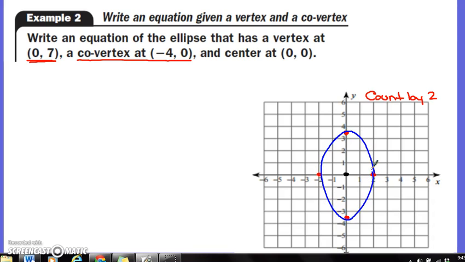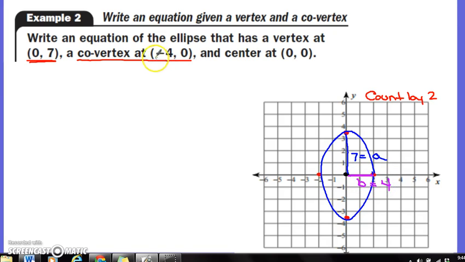But what if you needed the equation? If you needed the equation, we would say that a, because the major vertex goes with a, this distance is 7, so a equals 7. Now, the minor vertex or the co-vertex goes with the shorter side, so this is b, and b would equal 4.